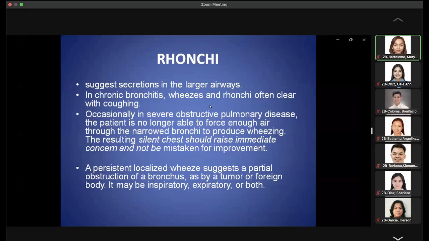All right. And a persistent finding of a localized wheeze may suggest a partial obstruction of a bronchus by a tumor or foreign body. So it may be inspiratory, expiratory, or both. So, localized wheeze.